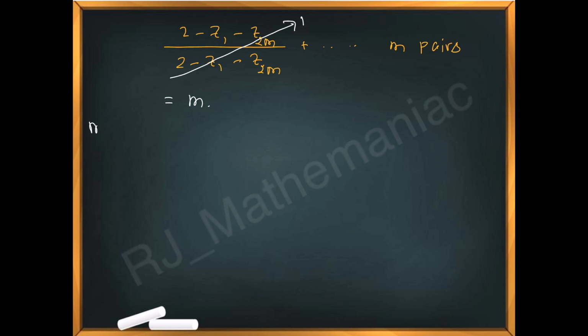If I explain method 3, you know that this is an equation of degree 2m, which has the roots z1, z2 and so on up to z2m. I can use the concept of transformation of roots. In the transformation of roots, z can be replaced by 1 upon 1 minus z.